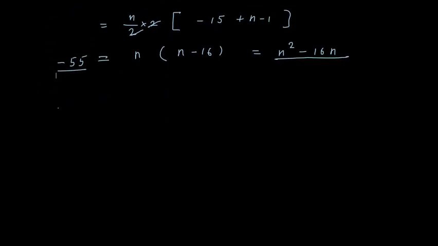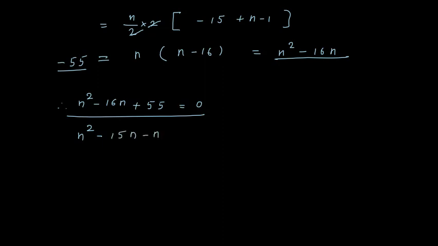So therefore you can say that n square minus 16n plus 55 is equal to 0. Now I have to factorize this 55. So 11 5s are 55. So it is n square minus 15n minus n plus 55 is equal to 0.